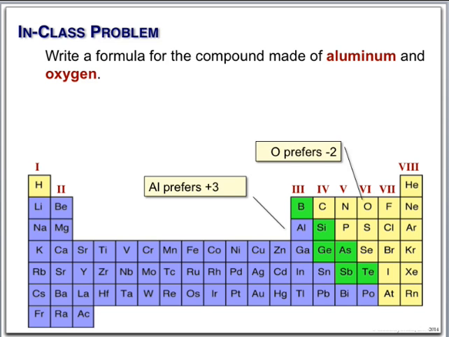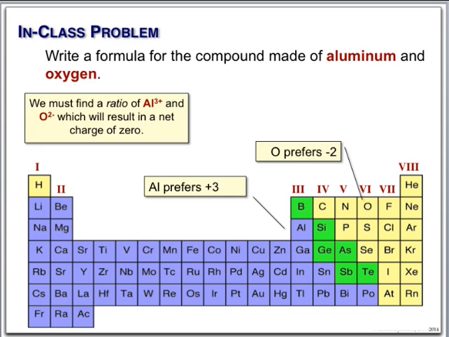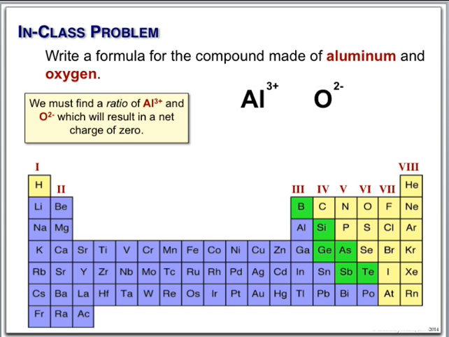All right, so what we're working with here, aluminum +3, oxygen -2. Remember, the principle of charge balance says we have to come up with a neutral compound. So, here's what we have, aluminum and oxygen, right? There's actually a really simple little trick you can do to do this.